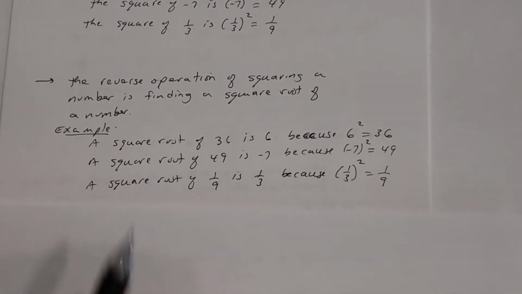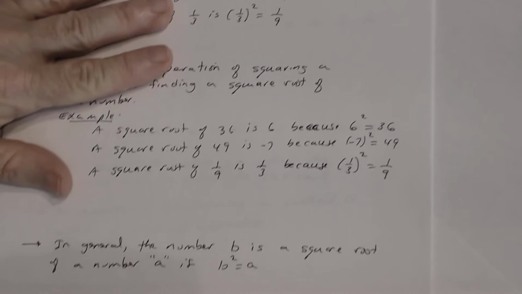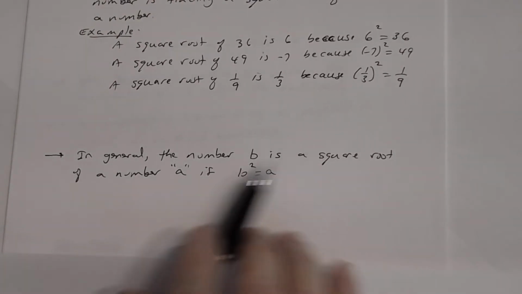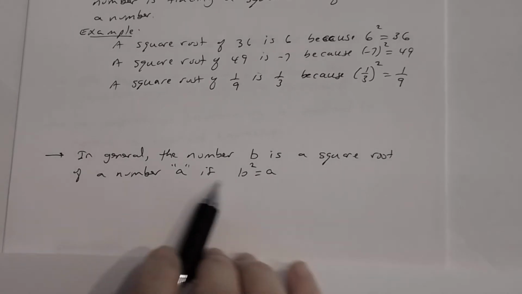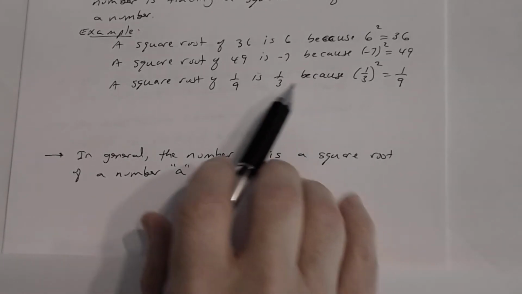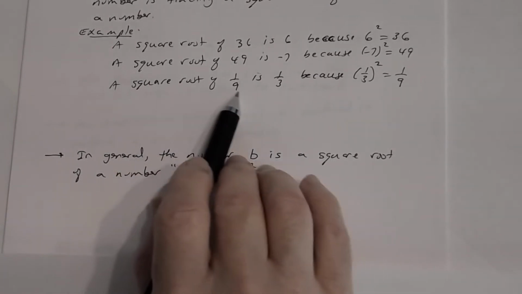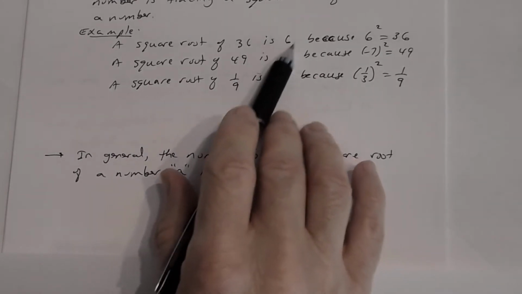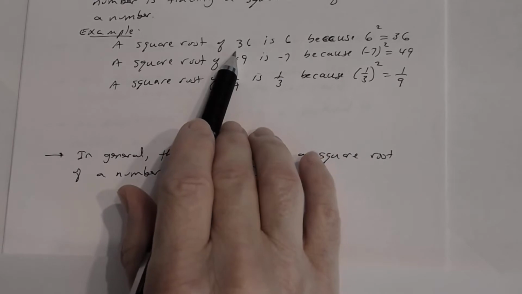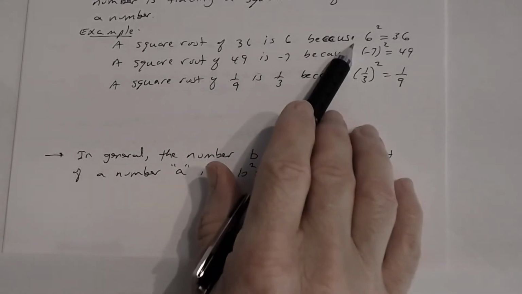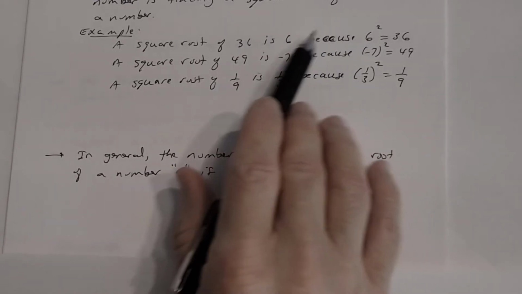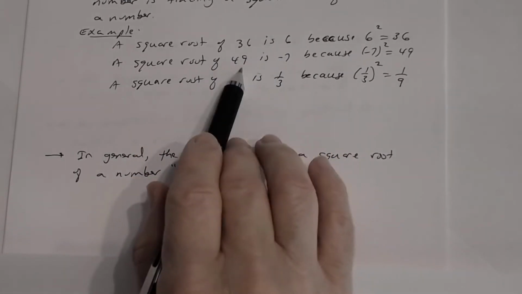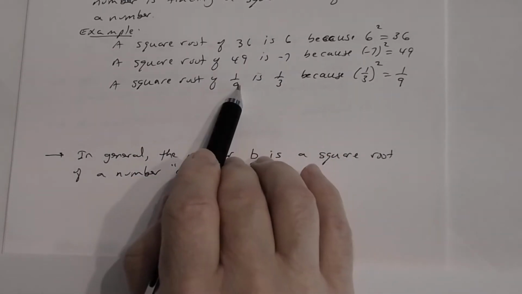So in general, the number b is a square root of a number a if this occurs. In other words, 6 is a square root of 36 if you can say 6 squared is 36. Negative 7 squared is 49. 1/3 squared is 1/9.